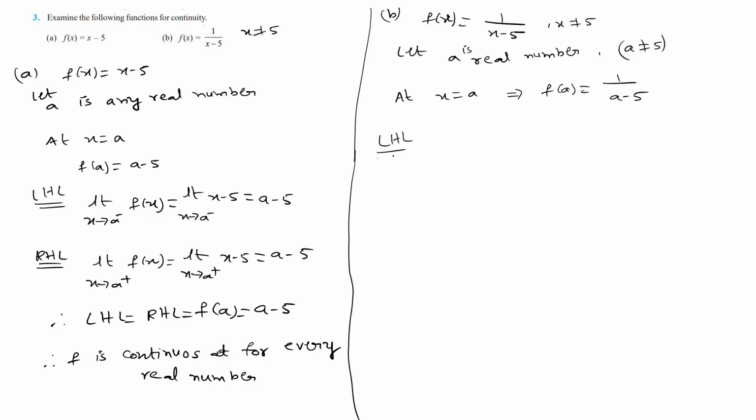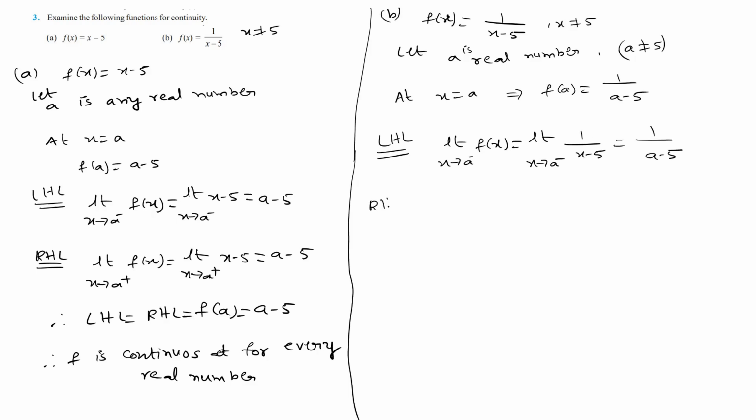Next, the left hand limit: limit x tends to a minus of f of x, which is 1 divided by x minus 5, is equal to 1 divided by a minus 5.